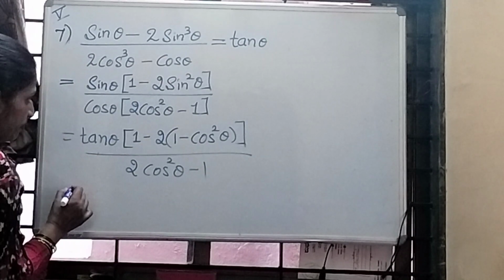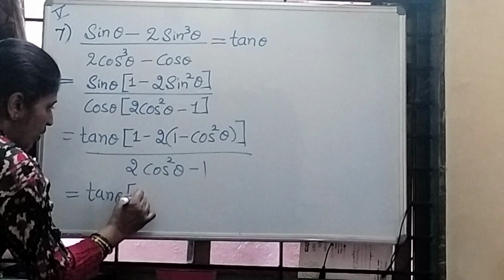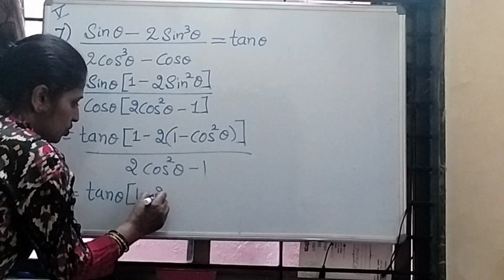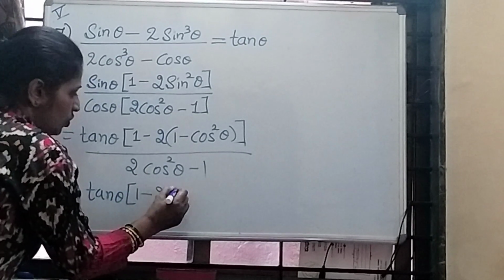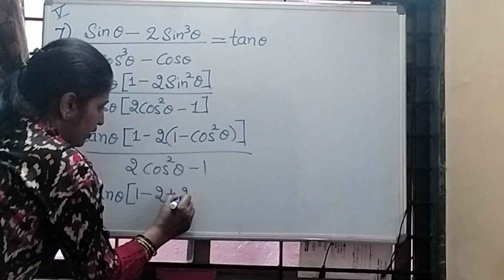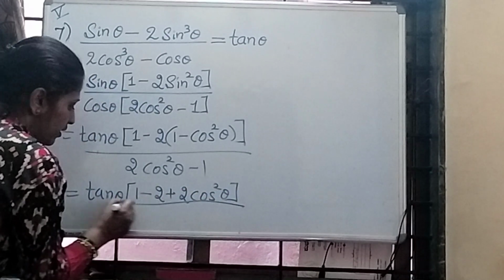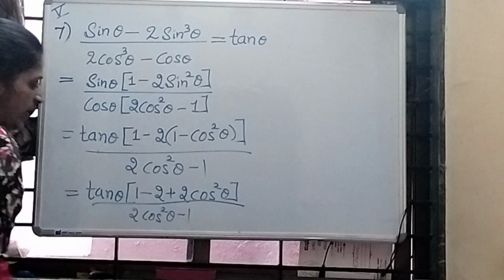Now the next step is tan theta into, 1 minus 2 into 1 is 2, minus into minus is plus 2 cos square theta, divided by 2 cos square theta minus 1.